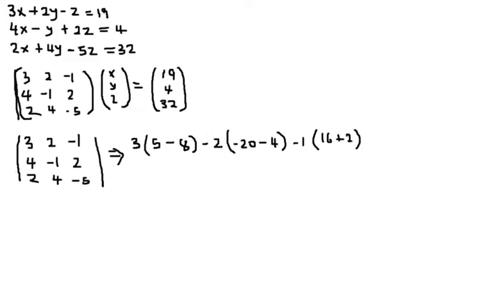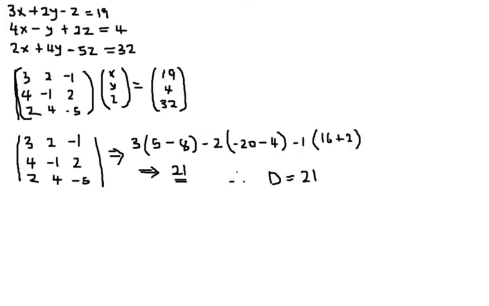So after performing the calculations here, we're going to have 21 as the determinant. So now that we have the determinant, we can say that the value of d, which is the determinant, is equal to 21.